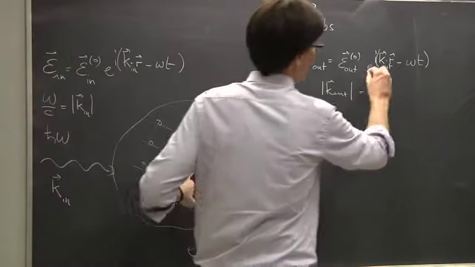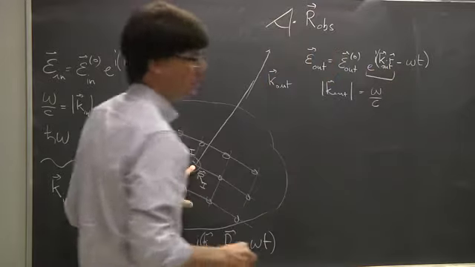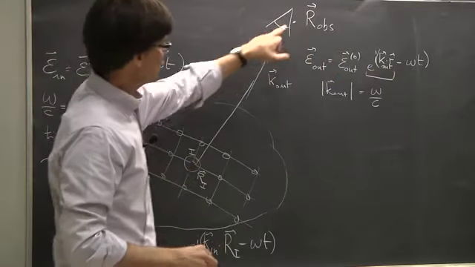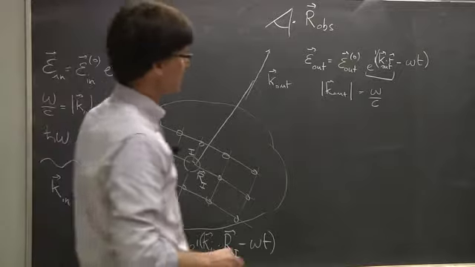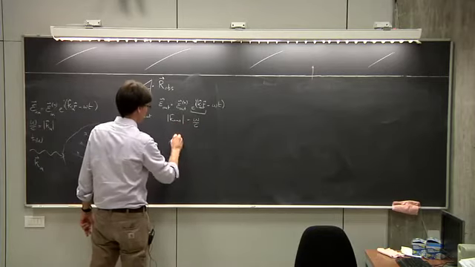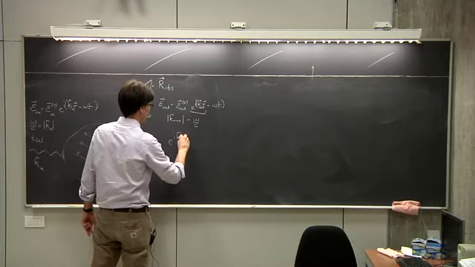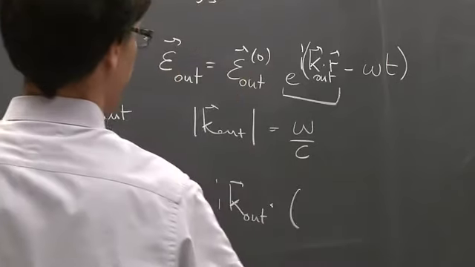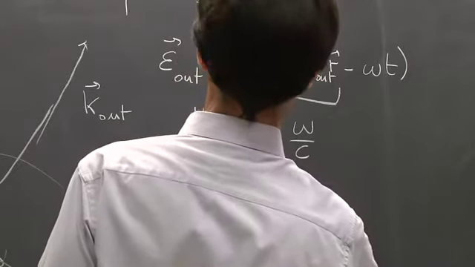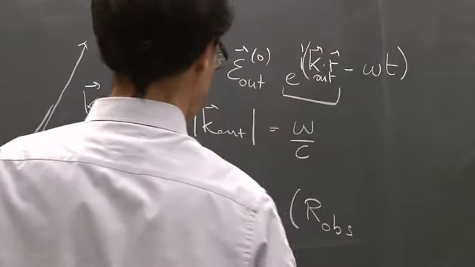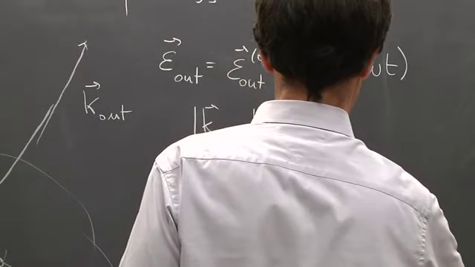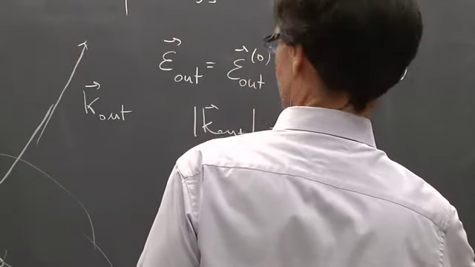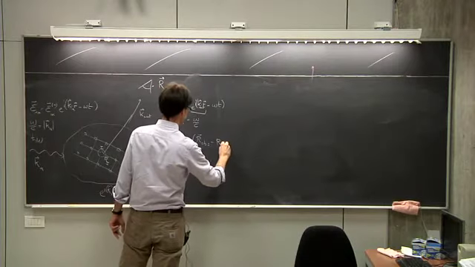Now, this is essentially given by this term, right? If I position myself in a different place, I simply need to evaluate e to the i k out dot R observer minus Ri.